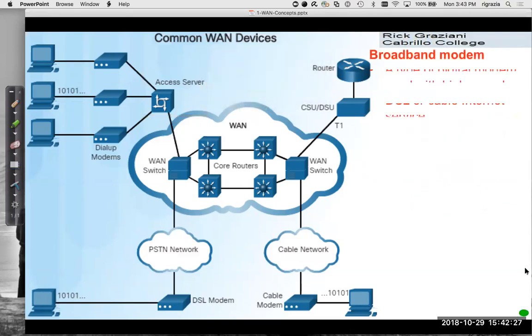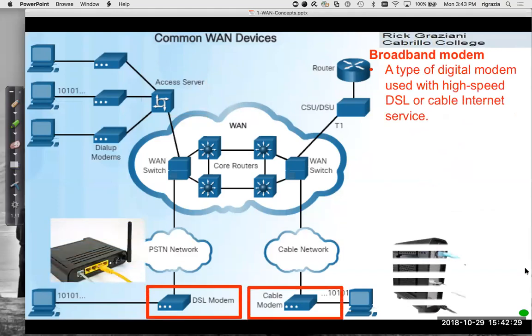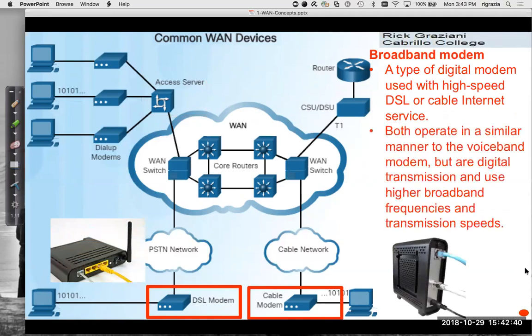Okay, now we also have these things called broadband modems. That's what I wanted to show down there. This is a type of digital modem used with high-speed DSL or cable internet service. Both operate in a similar manner. You're going to find both use much higher broadband frequencies and transmission speeds than the old dial-up modems.